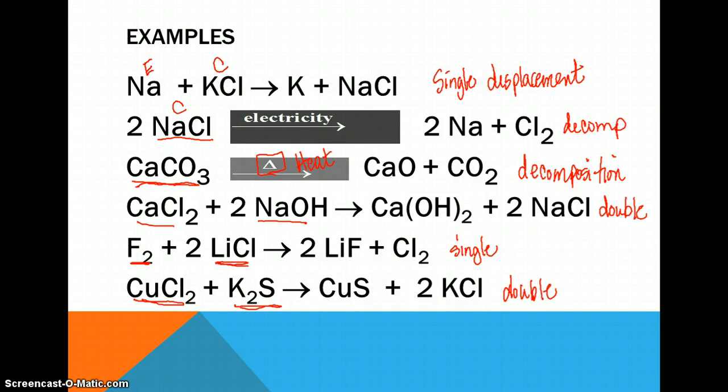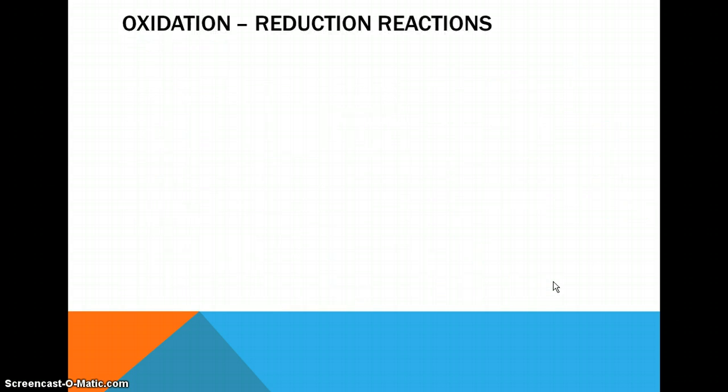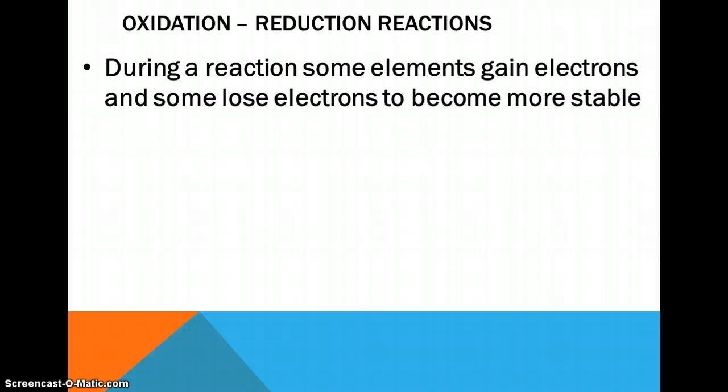All right. Last thing then, the type of reaction we have to talk about is known as an oxidation-reduction reaction. So first of all, during every reaction, some elements have to gain electrons and some have to lose electrons to become more stable. This is why we drew our dot diagrams before.